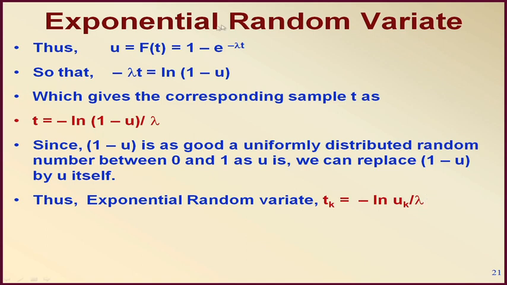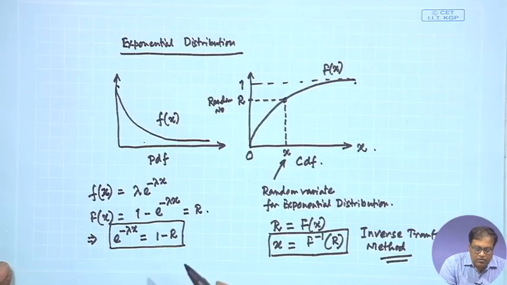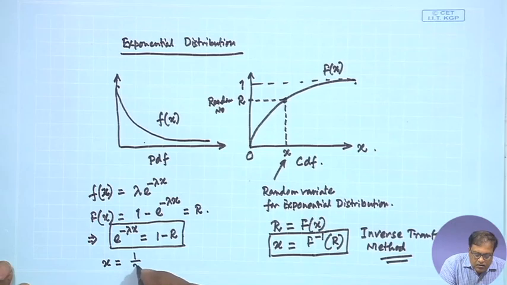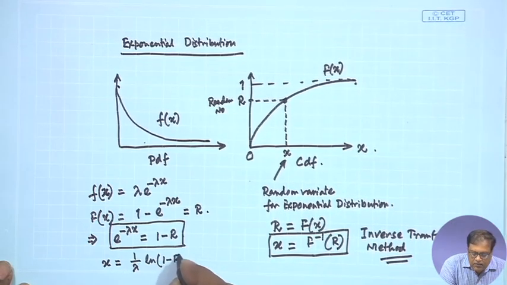Now, in this case, since u equal to F(t) equal to 1 minus e to the power minus lambda t, minus lambda t is ln(1 minus u), and therefore t will be minus ln(1 minus u) by lambda. In our case, x equal to minus 1 by lambda ln(1 minus r).